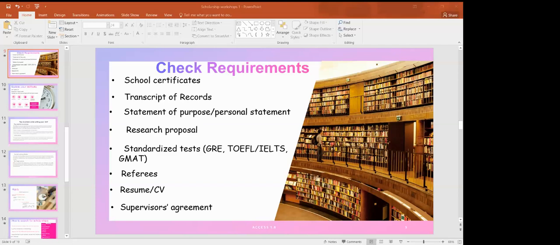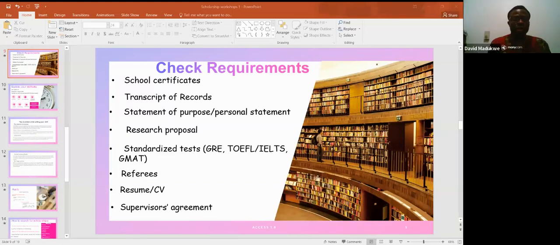Is it in the personal statement or statement of purpose? And also, can you use them interchangeably? Can you summarize both of them so that one can serve as both personal statement and statement of purpose?